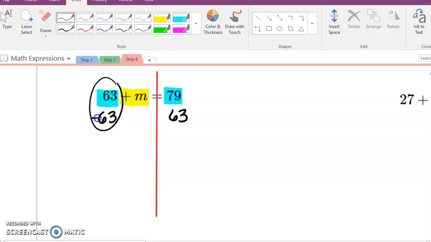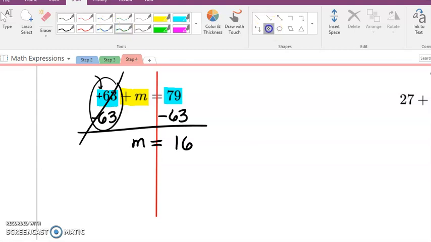I need to subtract 63 from both sides because this is really a positive 63. When you don't have a symbol there, remember that's a positive. So if I subtract 63 on both sides, they will cancel out. I will be left with m equals 16.